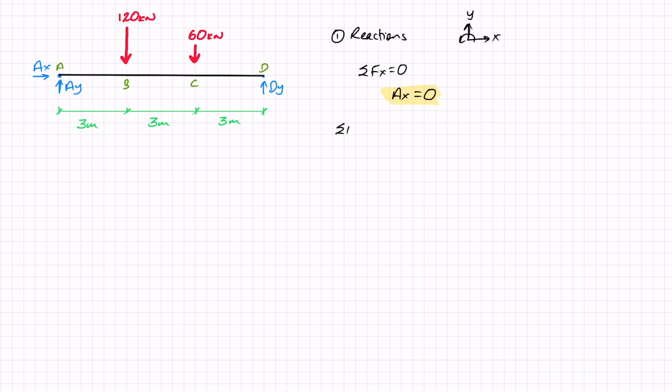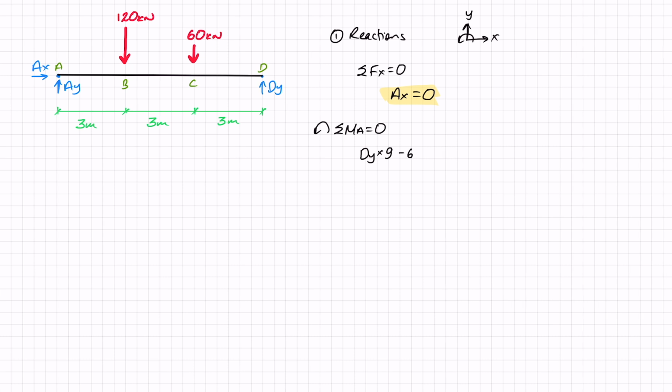I'll move on now to do the sum of moments around A. And if I do that and I start at D, this is my positive direction, DY contributing a positive moment times a perpendicular distance of 9 between the line of action of DY and point A. And I've got 60 at C contributing a negative moment around A times a distance of 6.